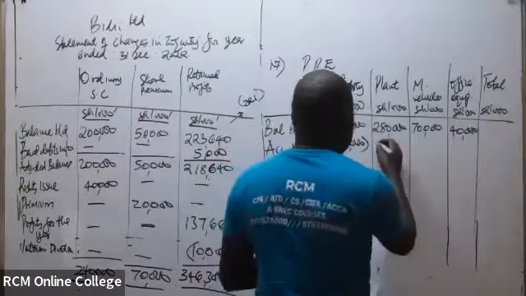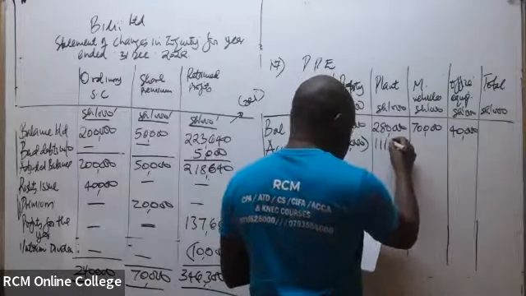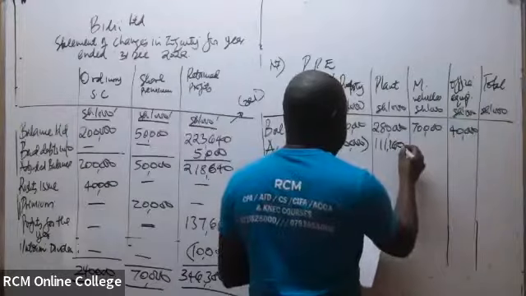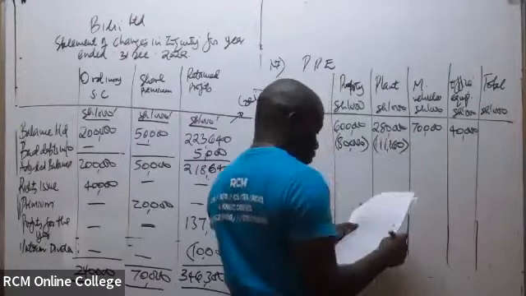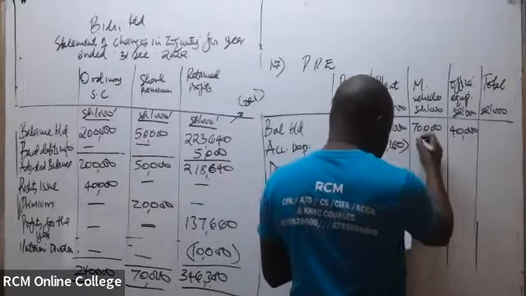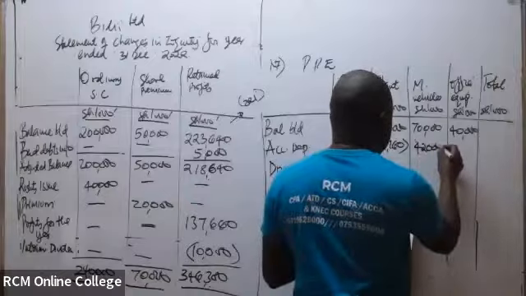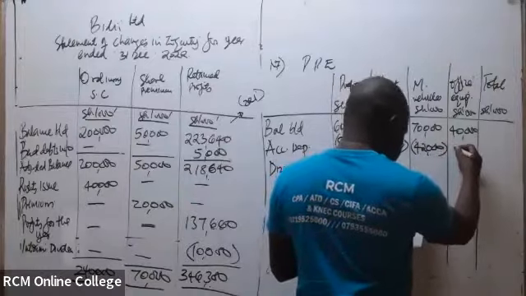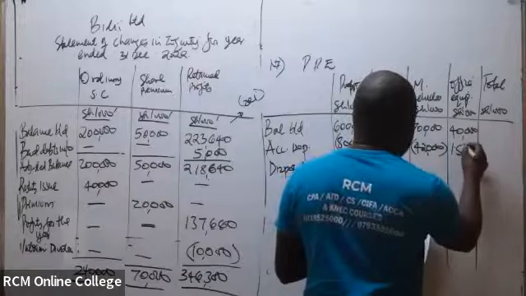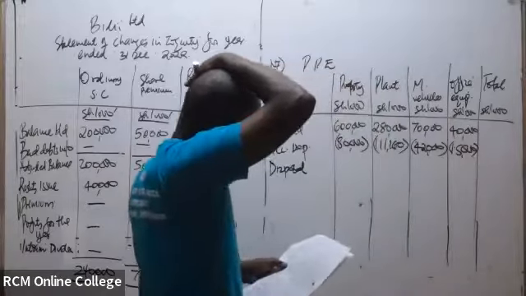This one we have 111. 160. This one we have 42 million. This one we have 15 million.